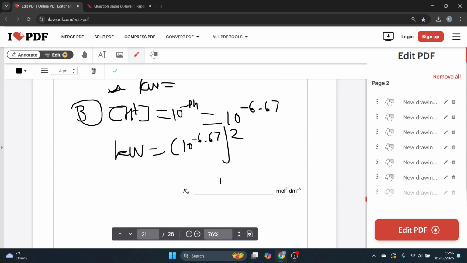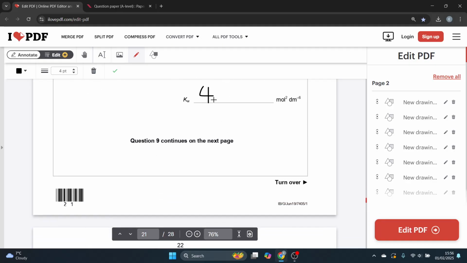And that's my final answer: 4.57 times 10 to the power minus 14. And all of that for 4 marks.